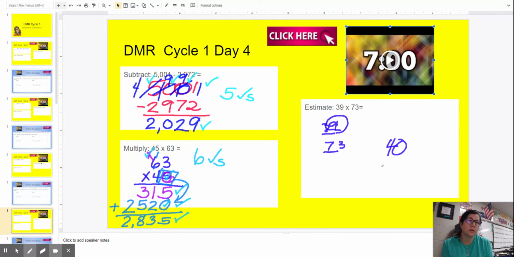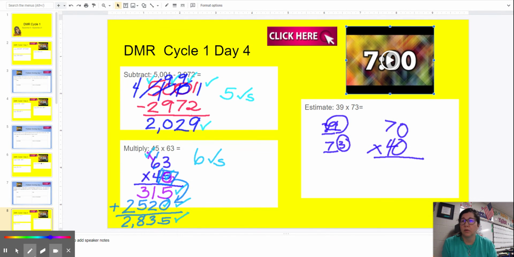I keep trying to change my color, but it's not doing it. Then I'm going to look here. So this went right there. Again, this went right there. And we're multiplying, so I'm going to put that there. Then we have our 3. I ask myself, is 73 closer to 70 or closer to 80? It's closer to 70, so I'm going to make it 70, and I'm going to put it right up here. Hopefully it's going on there neatly. And then I'm going to go ahead and multiply.